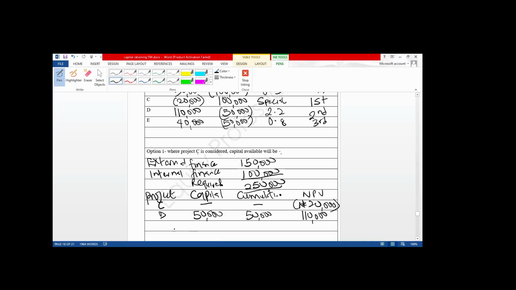followed by project E, capital required 50, cumulative 100. We have 250,000, NPV 40.